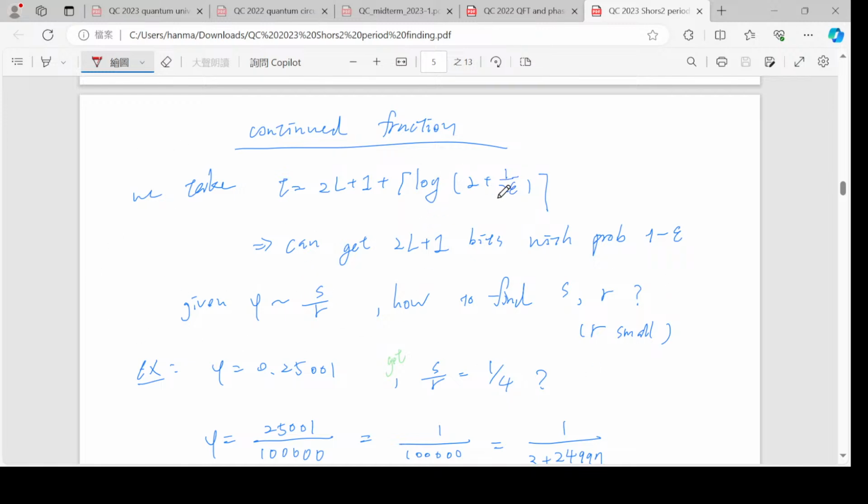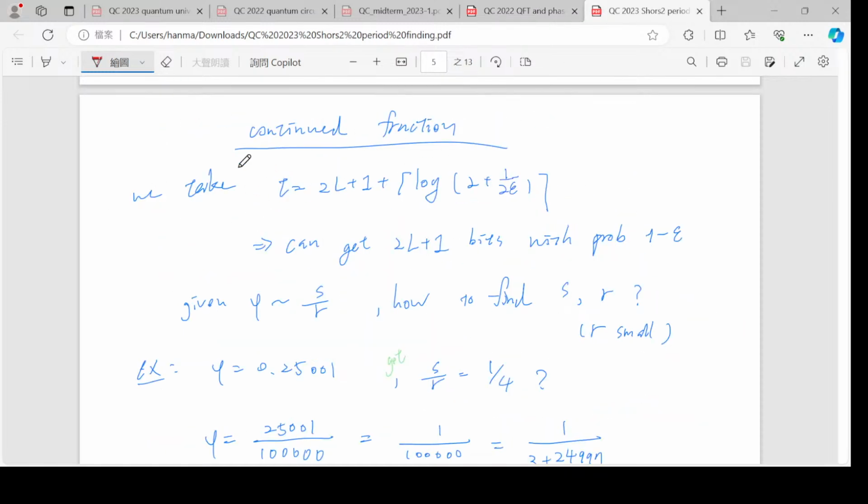Anyway, what we'll do is take our t equal to 2L plus 1 plus these log 1 over epsilon terms as the number of qubits in our phase estimation. And we came from the previous slide.